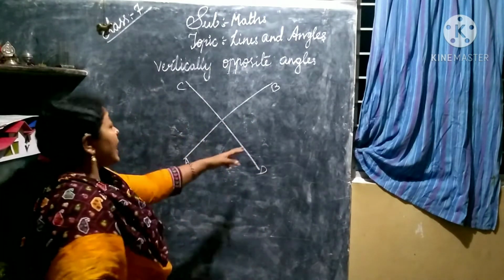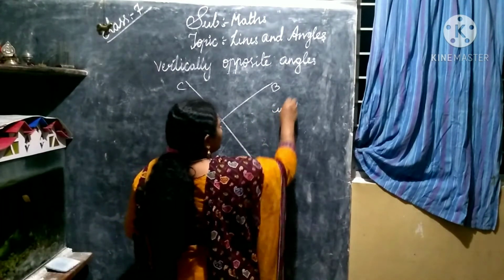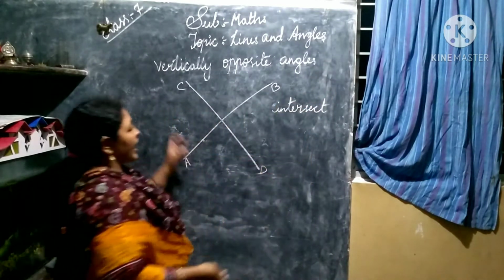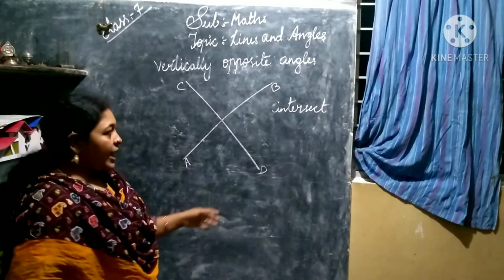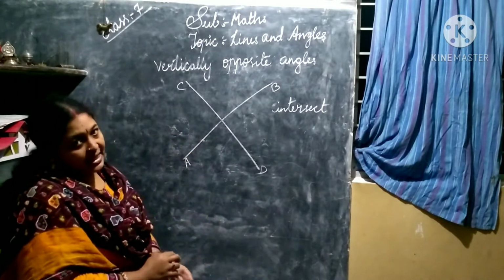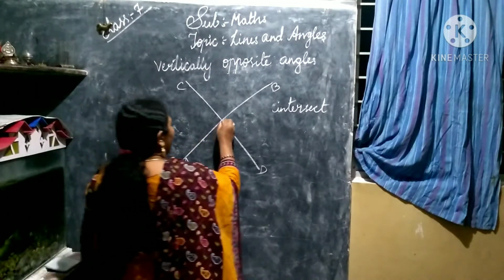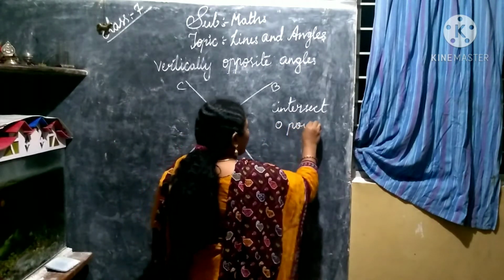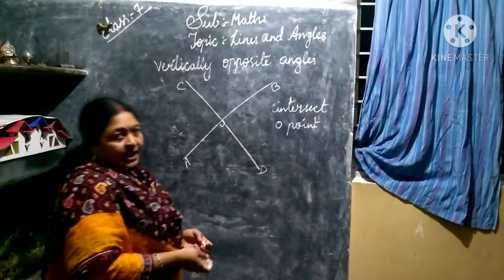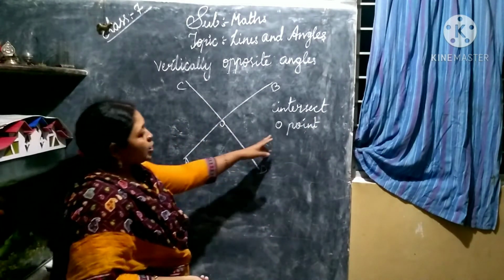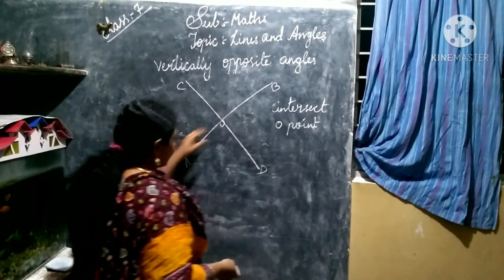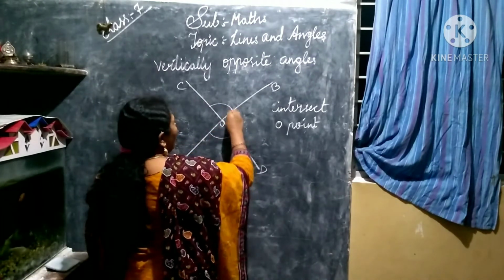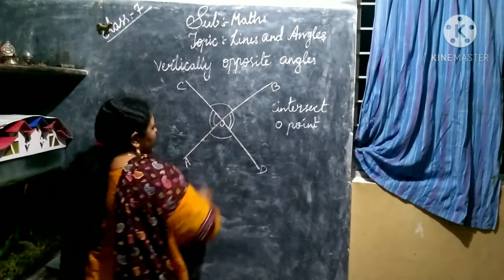When two lines intersect each other, we will have a point O, the point where the two lines intersect. At this point O, we get vertically opposite angles.